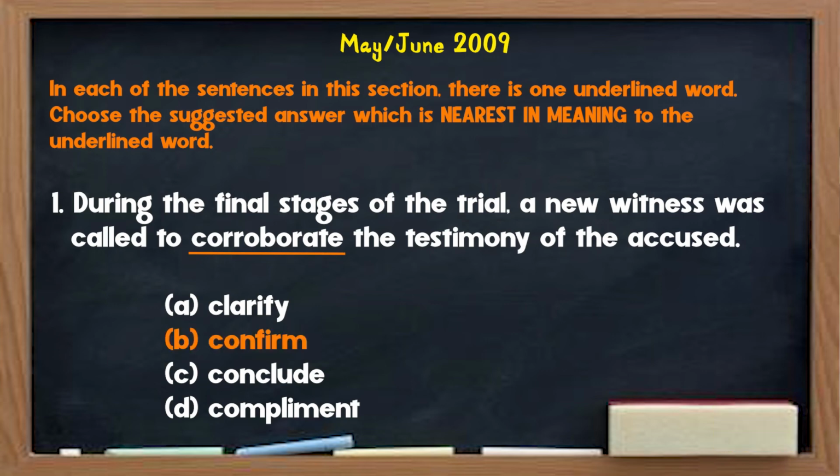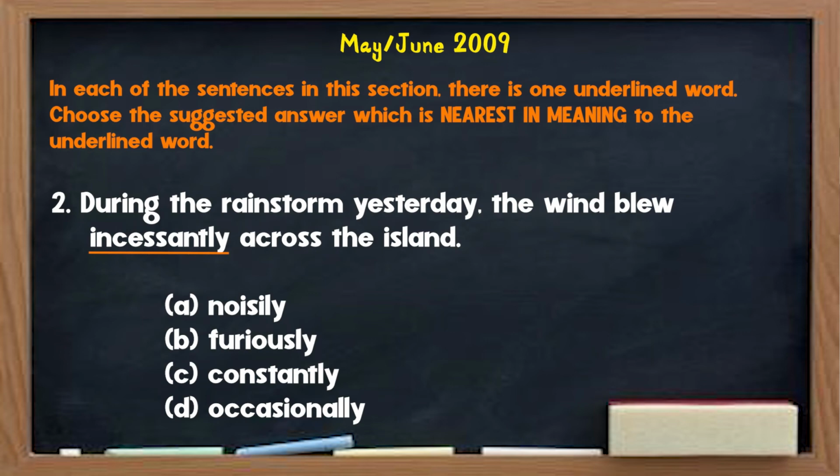If we check the meaning of the word corroborate, we will find that it means to give support to, or maybe to verify. So therefore, to corroborate means to confirm. So our answer is B, confirm. During the rainstorm yesterday, the wind blew incessantly across the island. Our options for a synonym of incessantly are A, noisily, B, furiously, C, constantly, and D, occasionally.